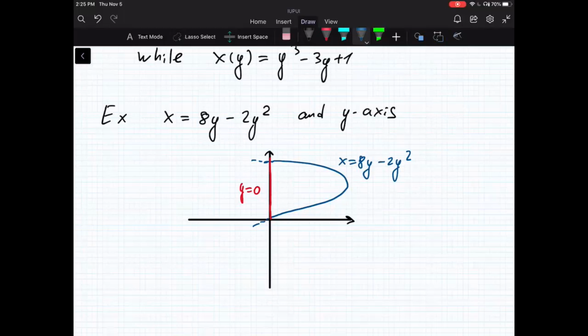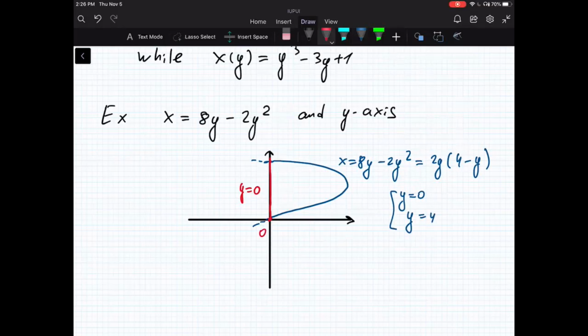So how to sketch this curve? First of all, you understand that it should be a parabola, and then you can factorize it in the following way. So it's 2y times 4 minus y. And you see that there are zeros when y is 0 or y equals 4. And that gives you these 2 points.